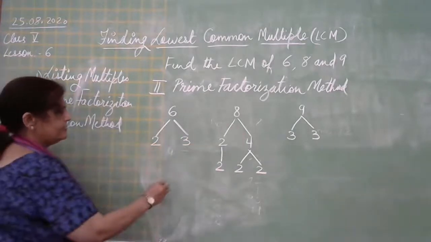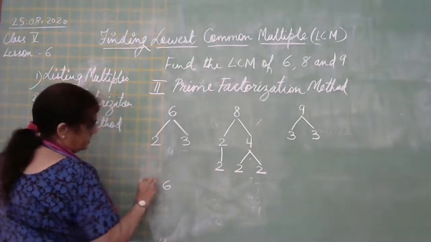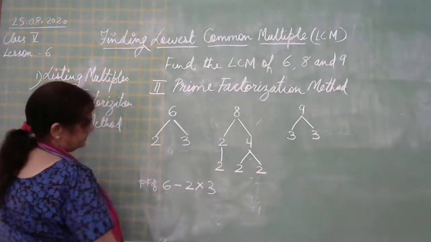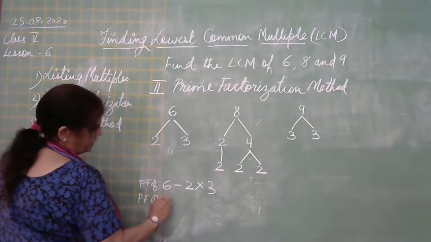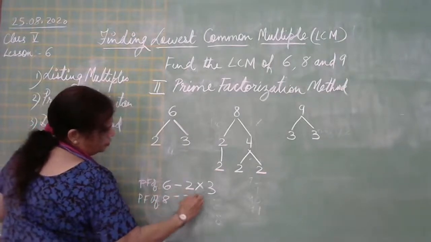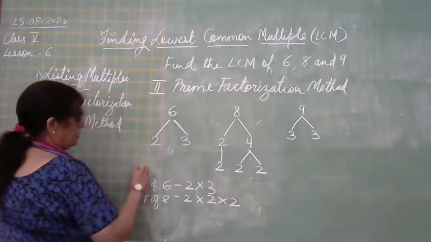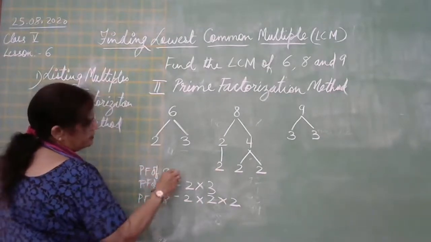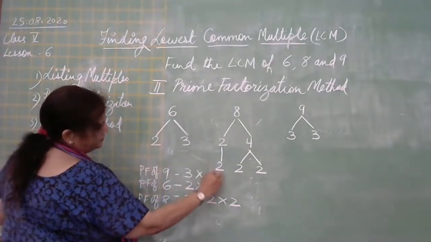So let us write the prime factorization of 6. PF of 6, 2 multiplied by 3. PF of 8, 2 multiplied by 2 multiplied by 2. PF of 9, 3 multiplied by 3.